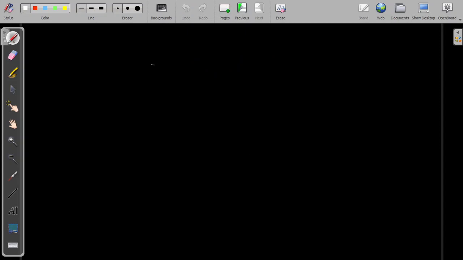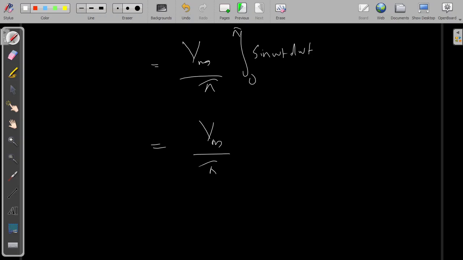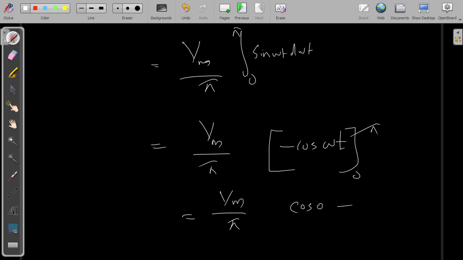That is equal to Vm by pi times the integral of sin omega t d omega t from 0 to pi, which equals Vm by pi times minus cos omega t from 0 to pi, which equals Vm by pi times cos 0 minus cos pi.